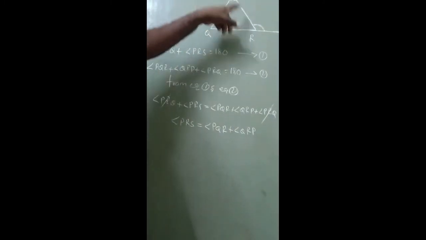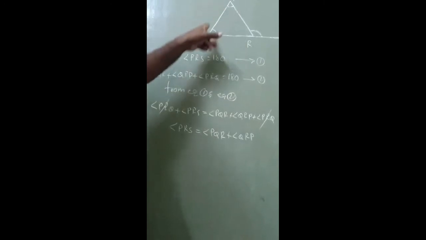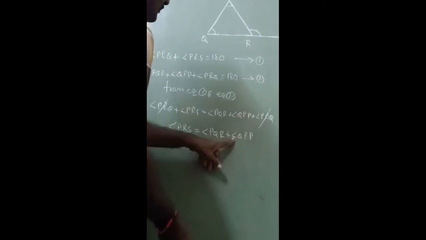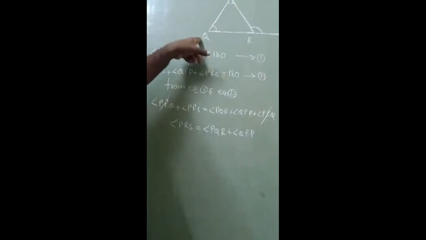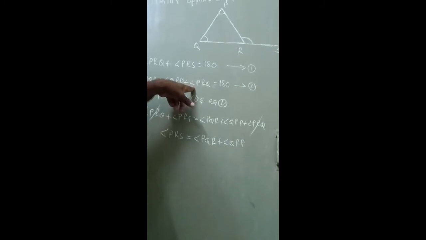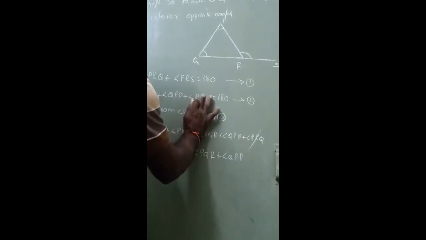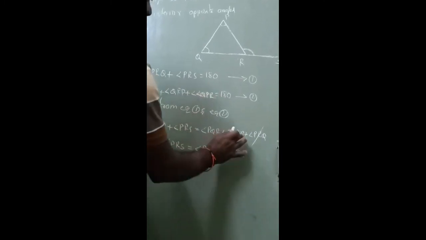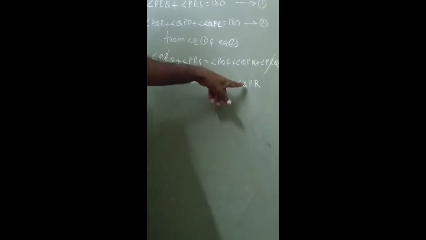Wait, friends, sorry students, here it is angle QPR. Angle PRS is equal to angle PQR plus angle QPR.